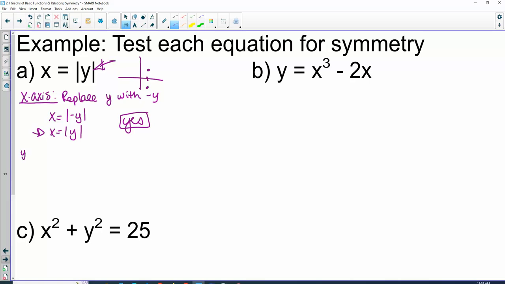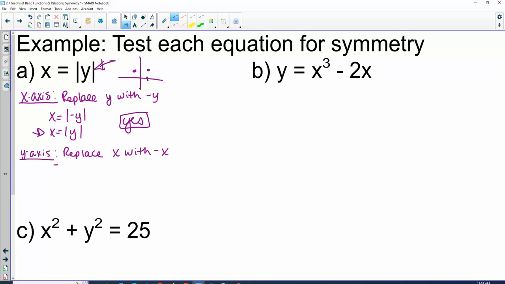To check the y-axis, okay, if something is symmetric over the y-axis, then that means if you have one y value, you have the positive and negative x that corresponds with it. So what we will do is replace x with a negative x. So we're just making the opposite variable negative.